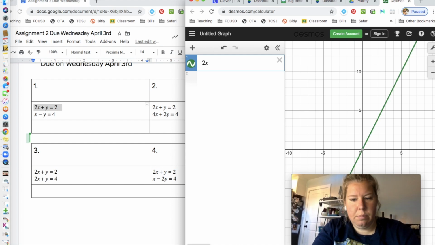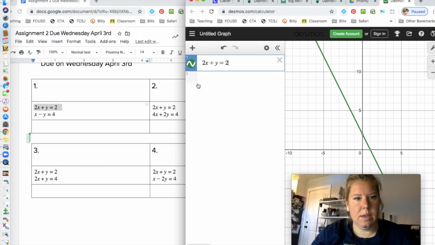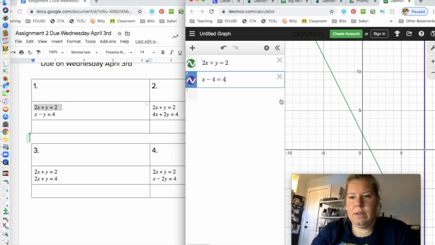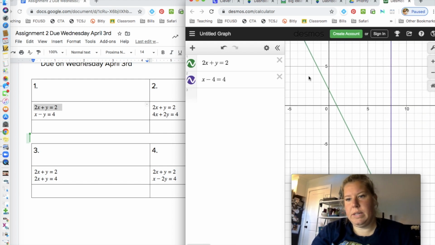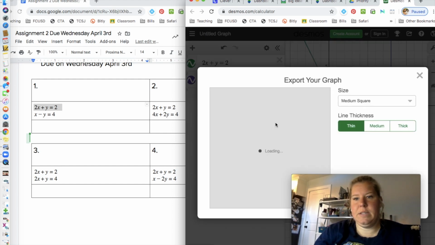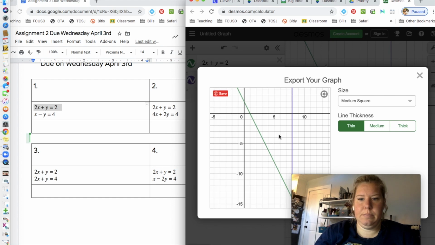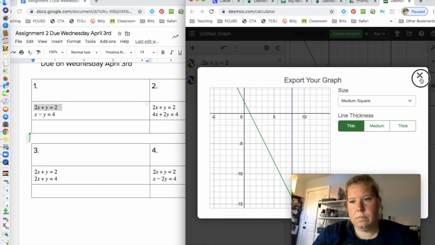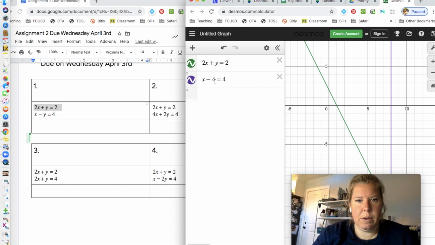2x plus y equals 2. And the second line is x minus y equals 4. So now we could take a look at these two lines. Actually, I'm just going to export it just like we did with our last assignment. Ah, that's why it doesn't look right.